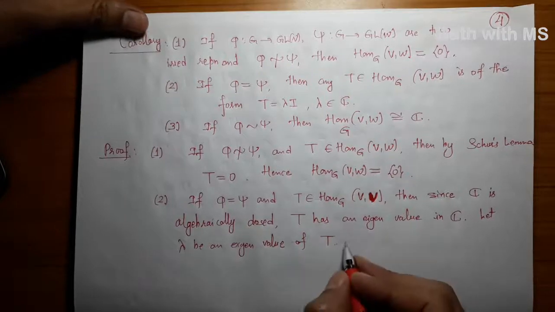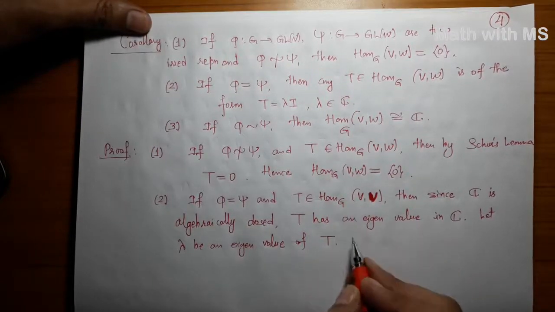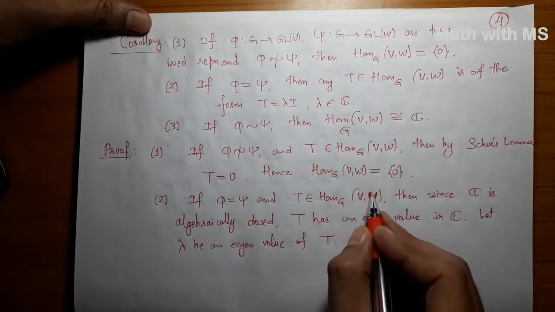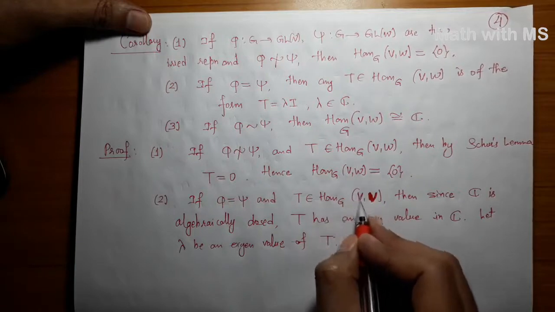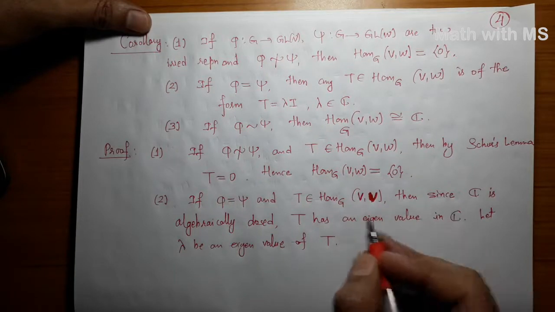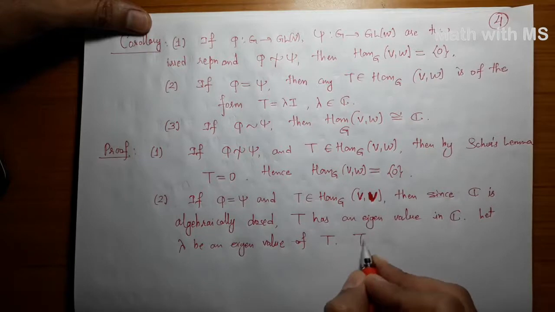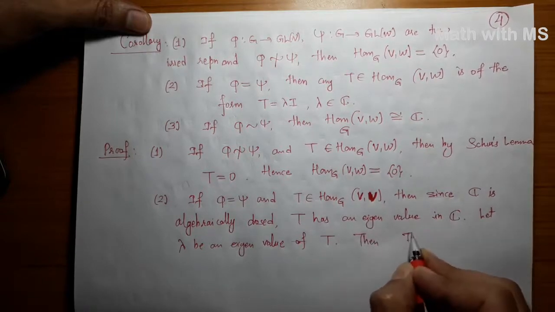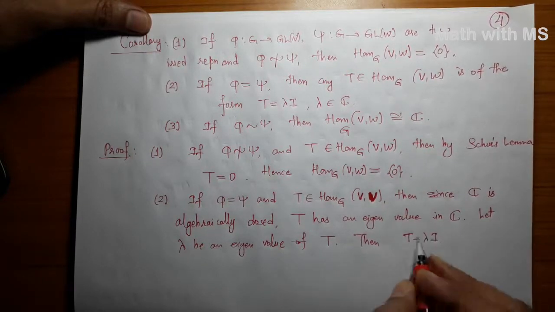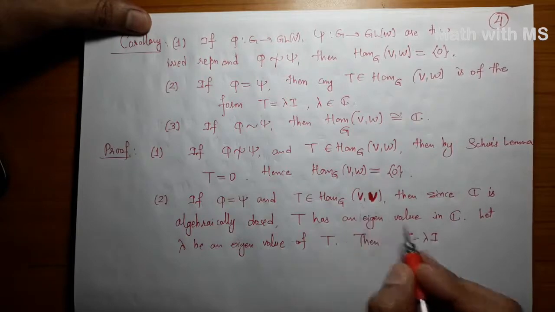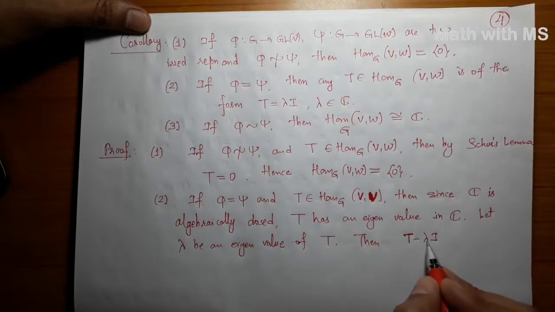All right. And also we know that this space of all morphisms from V to V is a linear subspace of Hom(V, V), right? So then T minus lambda times identity. T is a morphism, identity is of course a morphism, a scalar multiple of a morphism, and this difference is a morphism.